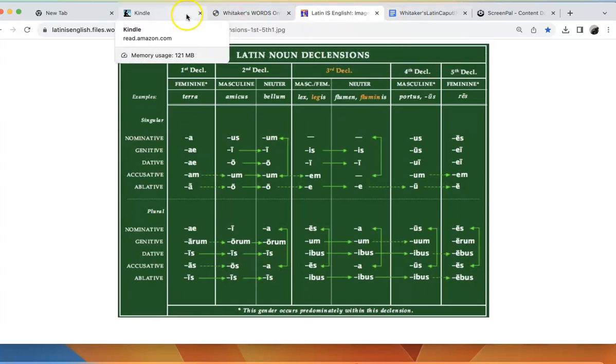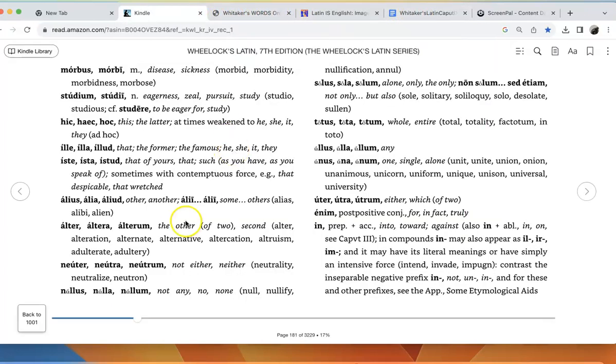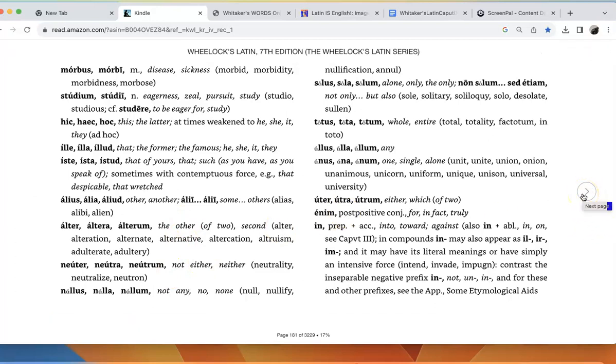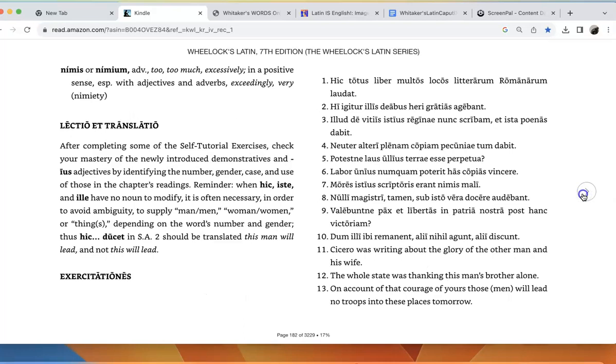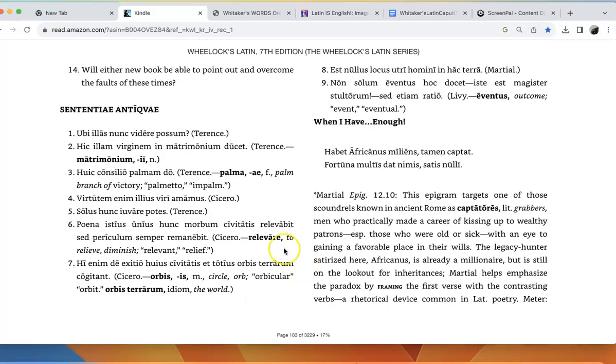But then we go back to the example. Again, this one is getting a little bit long-winded, so I apologize, but it's a little bit longer. Relevabit means to relieve or to diminish, but it has bit, which is future tense. So it means will diminish.